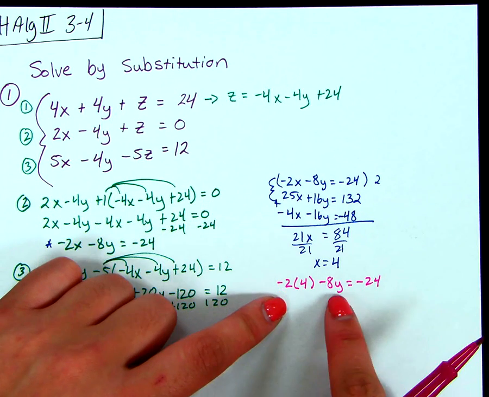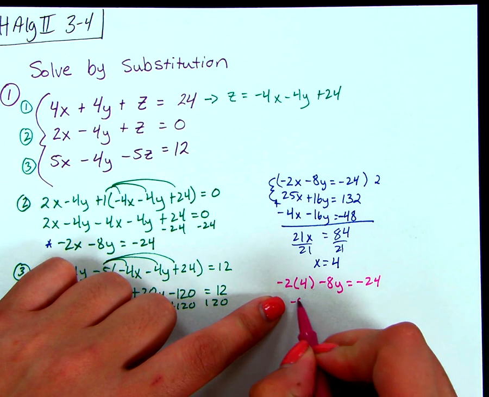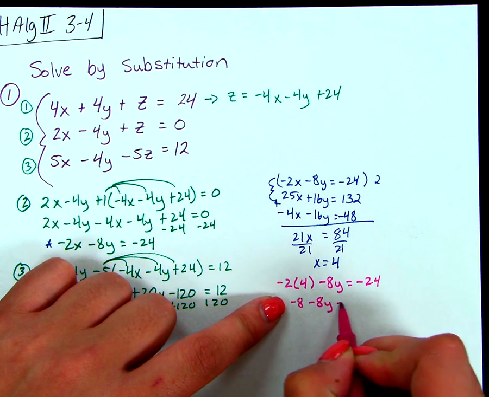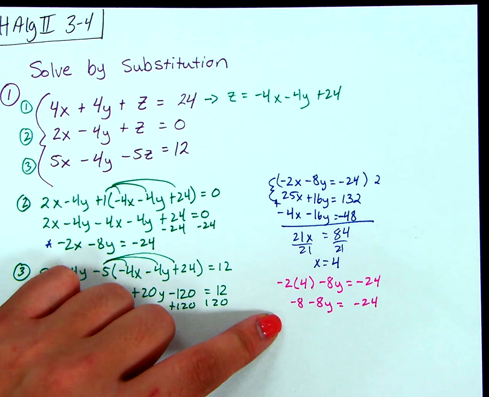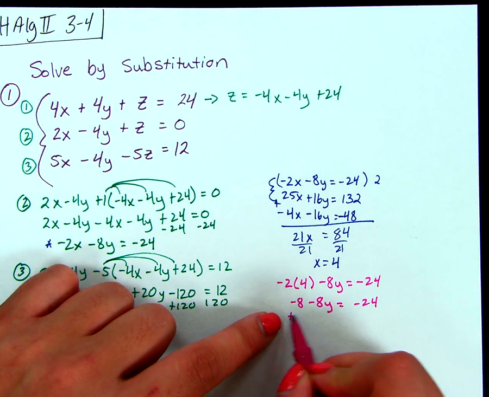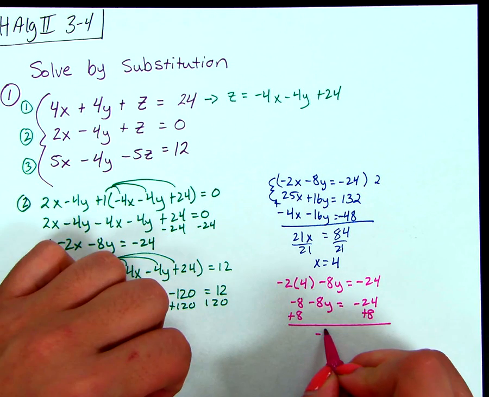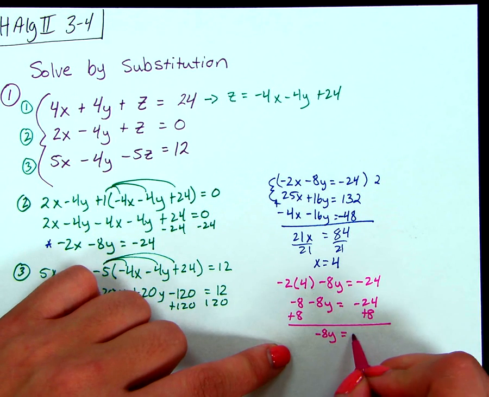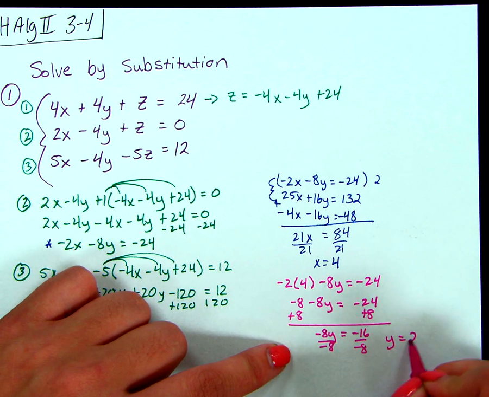Simplifying this to find y, negative 8 minus 8y equals negative 24. Then we take negative 24 and add the 8 over. So that would be negative 8y equals negative 16. When we divide by negative 8, y will be a positive 2.